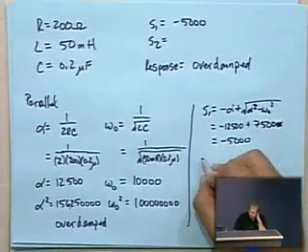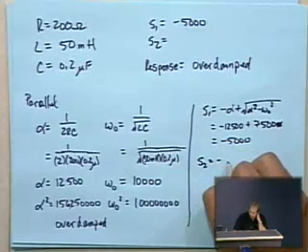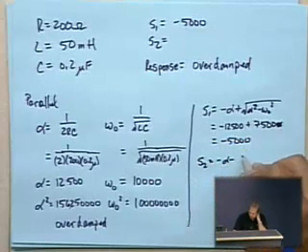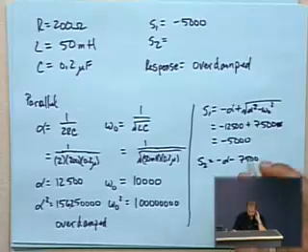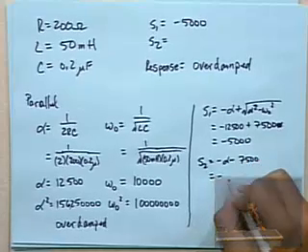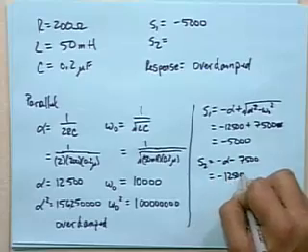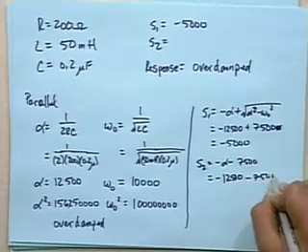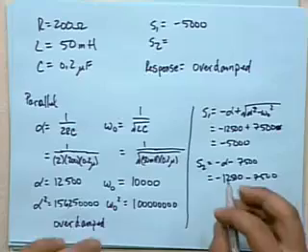And then we have S2 equals negative alpha minus this quantity of 7,500. So that's negative 12,500 minus 7,500, which should give us negative 20,000.